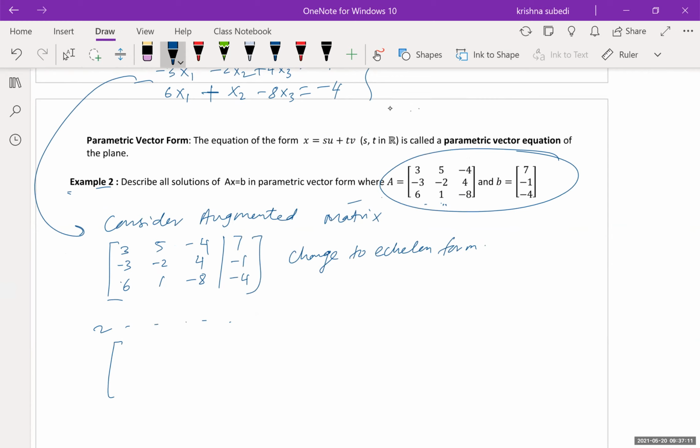On the left hand side, I just copy what you did earlier. It's the same thing. So I believe what you found is 3, 5, -4, 7, and this is 0, 1, 0, and I don't know what is that. And then the last one is all 0, and I just want your help to figure out these two numbers. Okay, let me know.